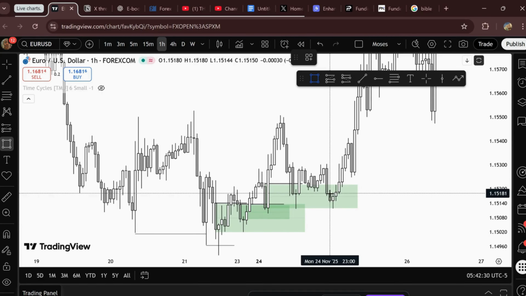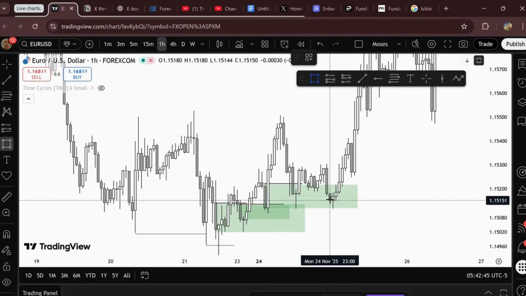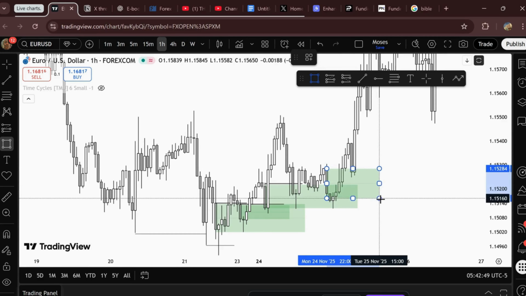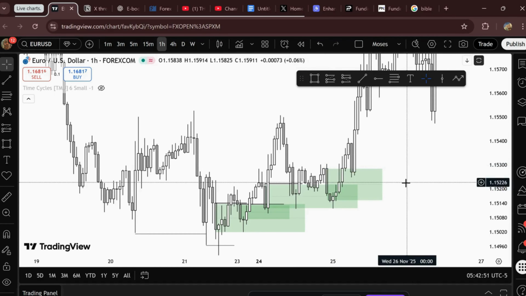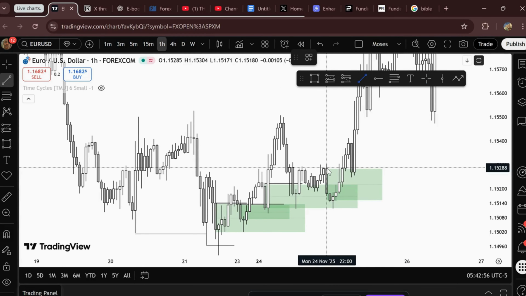You could use this one here, but I'll prefer you use this one here. These two series of down close candles became an order block as soon as price did what? As soon as price closed above the open of this series of down close candles. And this qualified it to become what? An order block. And you could see how price rejected off of it.